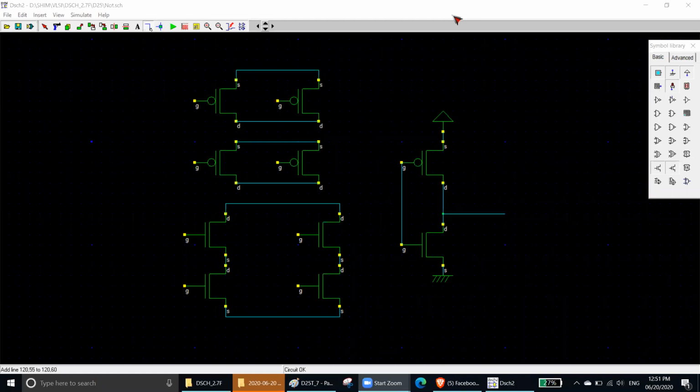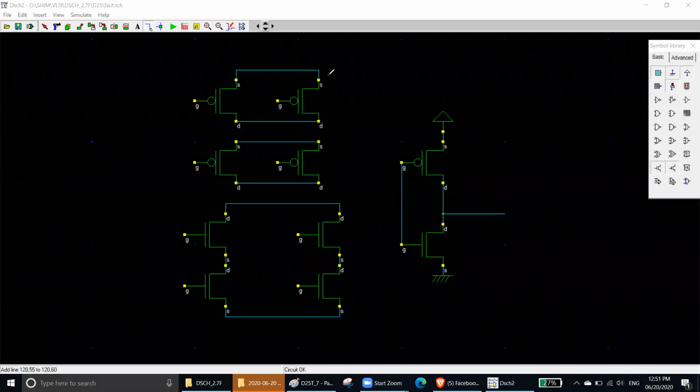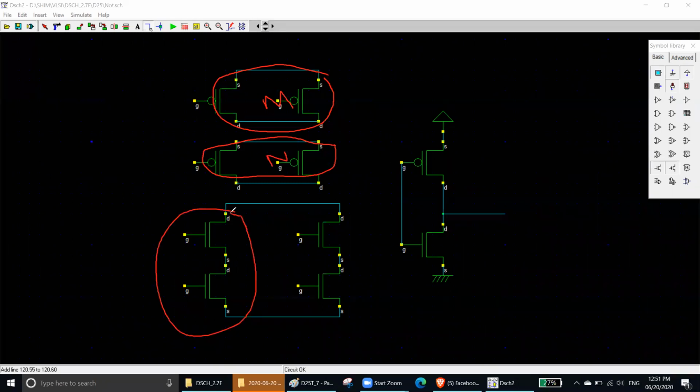Now what happened here? This is our M, okay? This was our N. This is our M. This is our N. See, M and N, they are parallel, right?